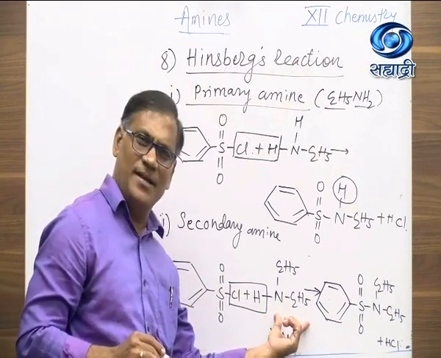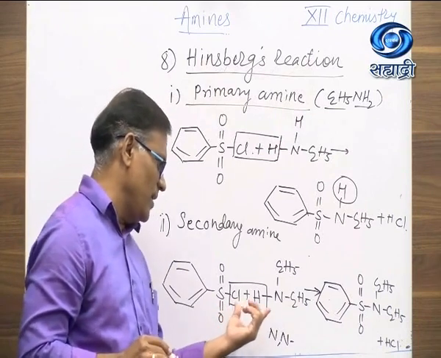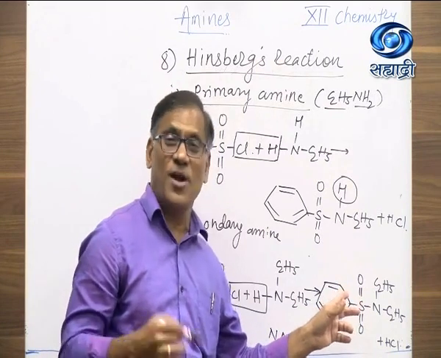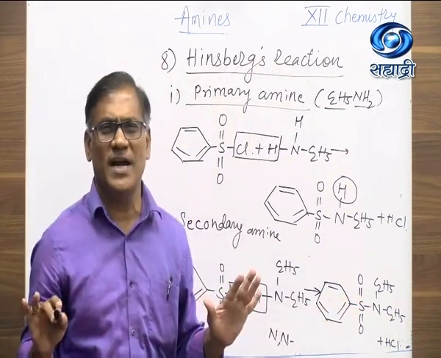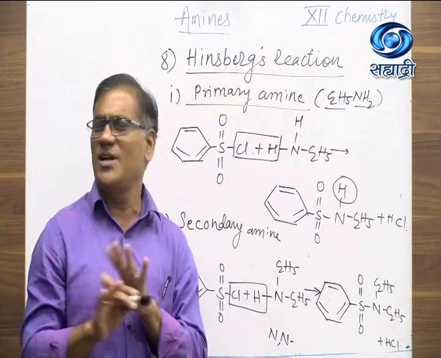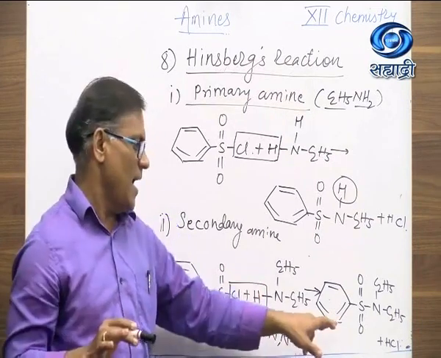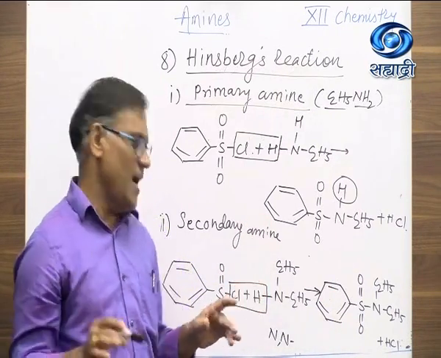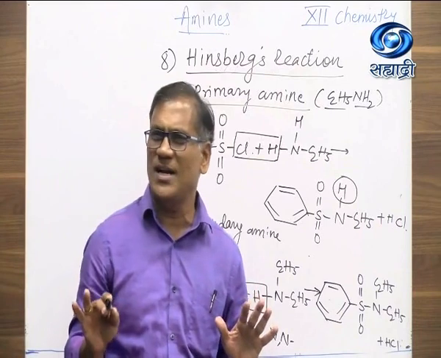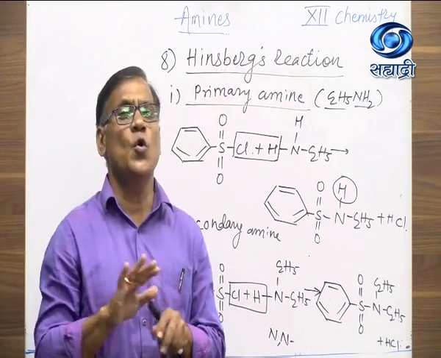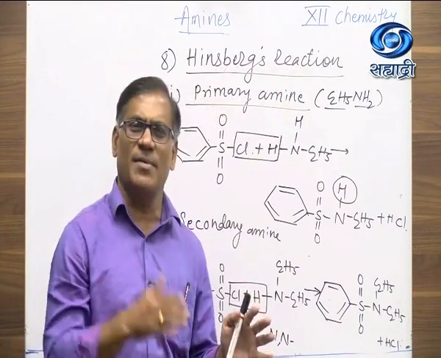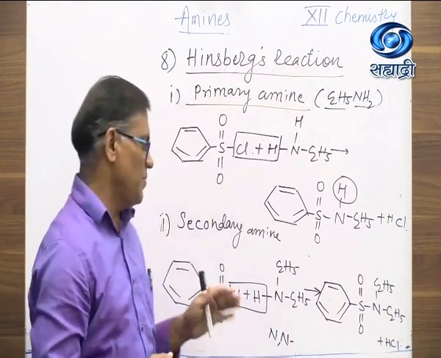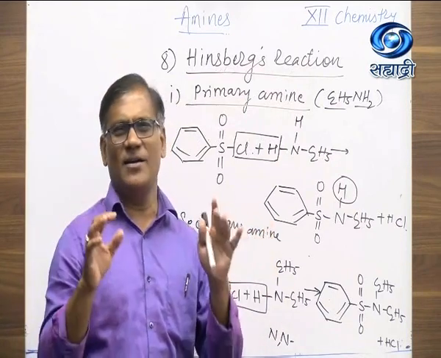Secondary amine like diethylamine reacts with benzene sulfonyl chloride to form N,N-diethyl benzene sulfonamide, which has no hydrogen atom attached to nitrogen, and therefore it is not acidic in nature, and as it is not acidic in nature, it does not dissolve in alkali. And tertiary amine has no hydrogen attached to nitrogen, and therefore there is no reaction of tertiary amine with Hinsberg reagent. So this way you can distinguish between primary amine, secondary amine and tertiary amine.